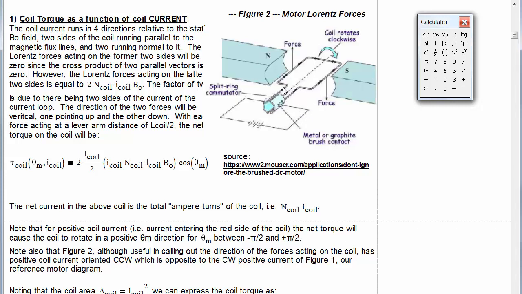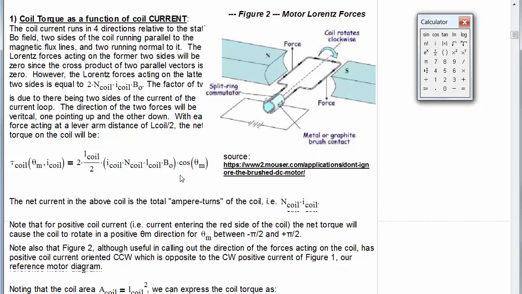It turns out only the sides of the coil that are normal to the magnetic field, where we see the force down and the force up, are the only 2 sides that have a force acting on them that tends to rotate the rotor, or the coil. And you see the result here.